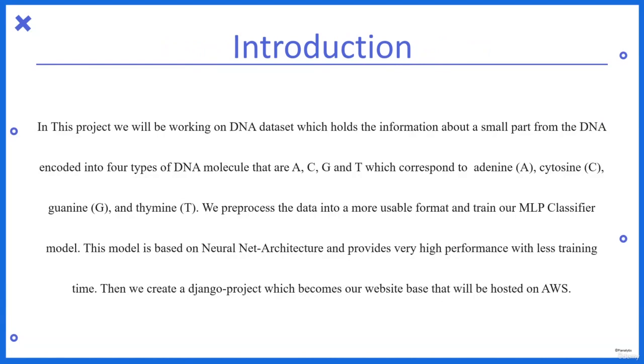So in this project, we will be working on a DNA dataset, which holds the information about a small part from the DNA encoded into four types of DNA molecules. When we say encoded, what happens is that the DNA consists of four types of molecules, as you can even see here. These are adenine, cytosine, guanine, and thymine. Now, these are molecules that you can find in the DNA, and with the combination of these, the DNA molecule is formed.